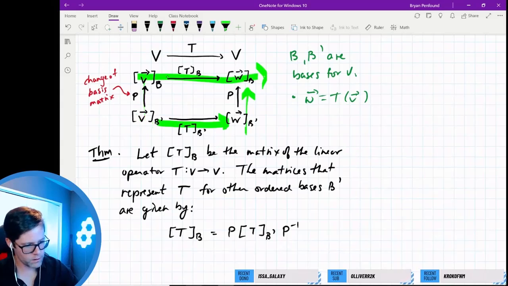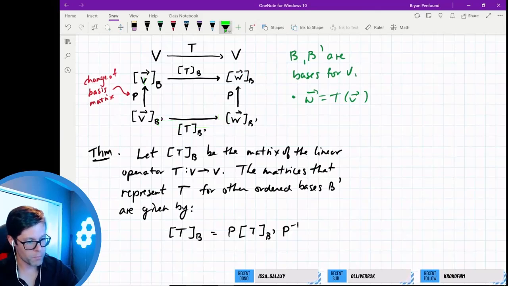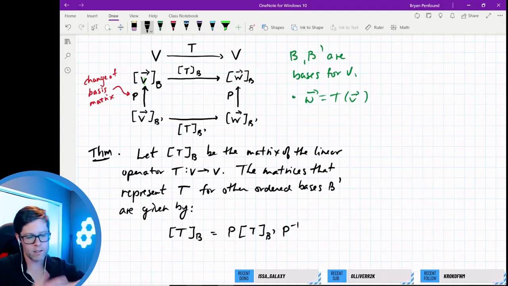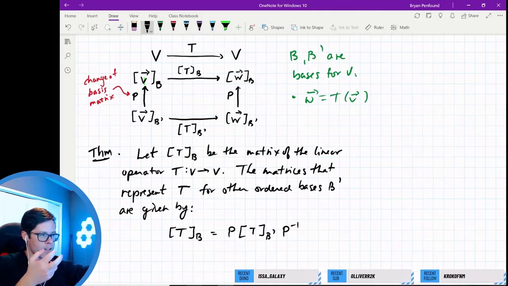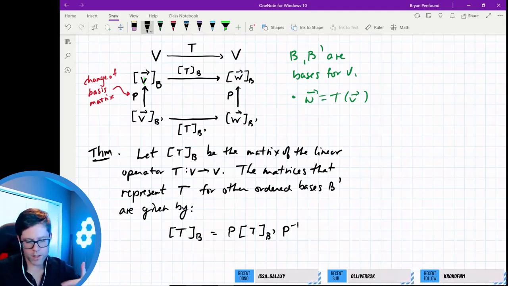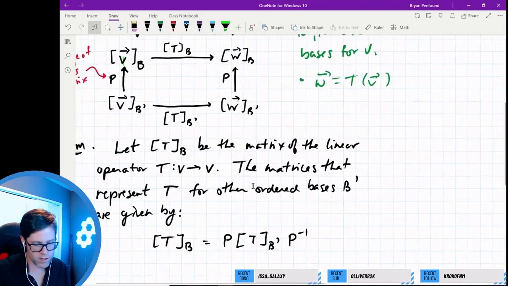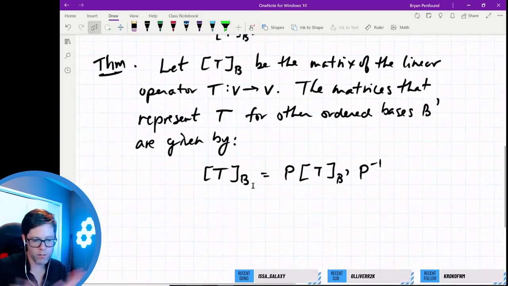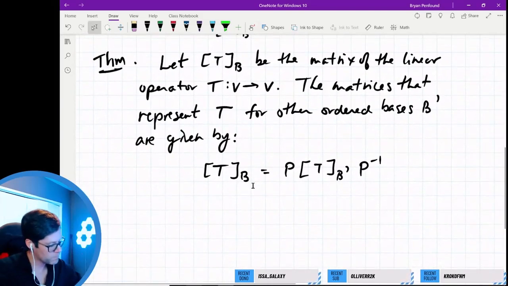So we're not really proving anything here. We're just summarizing all of the work that we've done previously, right? We know that P exists. We know how to find this change of basis matrix. We know how to connect V with respect to B and W with respect to B. I know how to find that matrix. So there's nothing really to prove here. We're just summarizing all of the work that we've done so far.